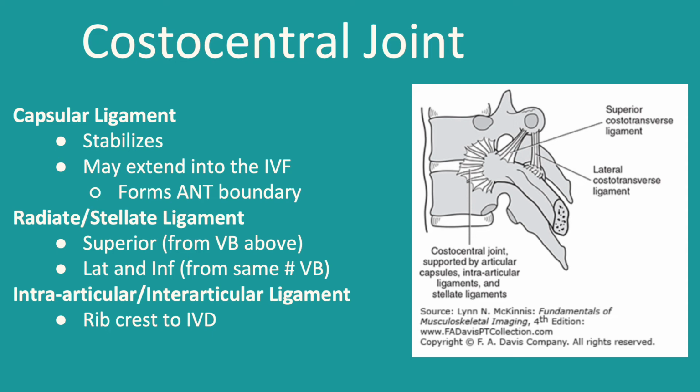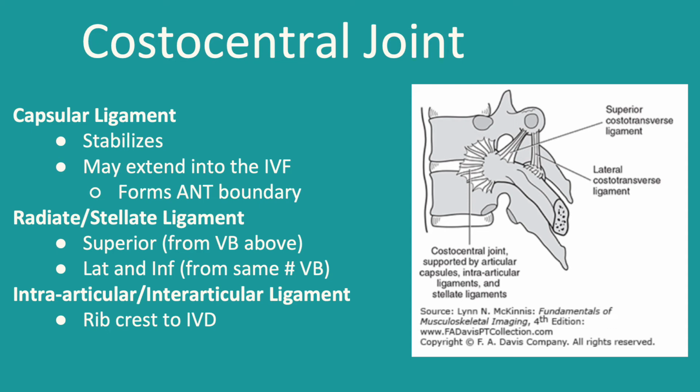Your superior radiate costocentral is coming down from the vertebra above. Your inferior is coming up from the vertebra for which the rib is named, and then the intermediate is coming directly from that intervertebral disc. So know about those three different parts of the radiate stellate ligament and where they come from.